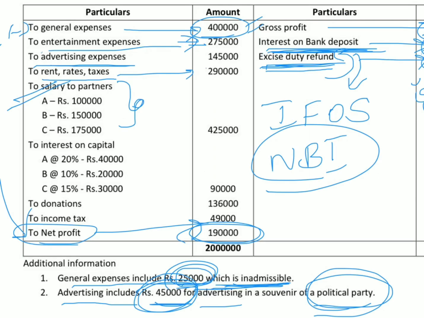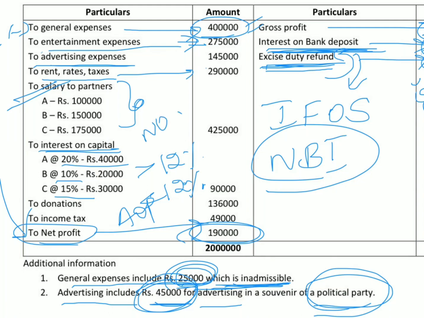The next point is interest on capital: partner A at 20%, partner B at 10%, partner C at 15%. Now for AOPs, this greater than 12% or less than 12% criterion is not applicable. When a partnership firm is assessed as other firms or association of persons, no deduction is available for any payment. So they will not get any kind of deduction benefit.